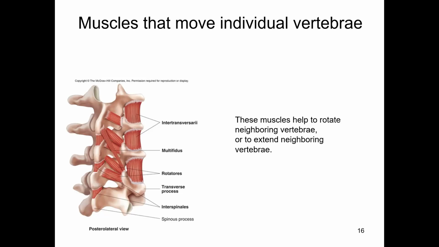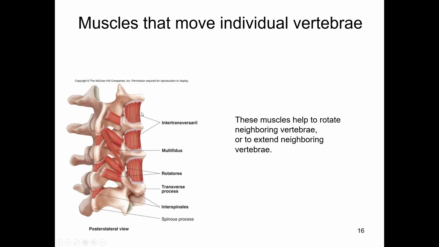We didn't say much about detailed muscle attachment sites in the lab, but this is a great view of some of the lumbar vertebrae here and one thoracic vertebra up here.